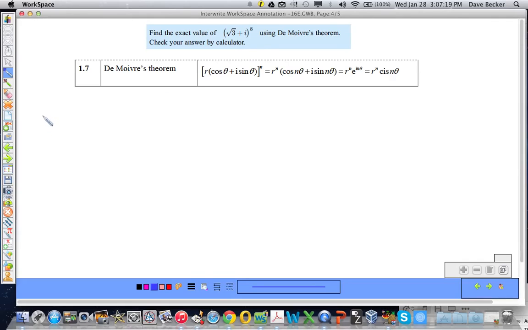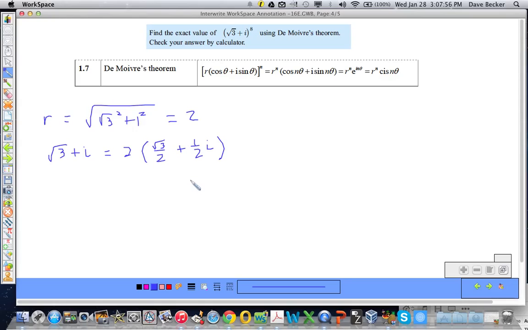So that means I need r, which is equal to the square root of root 3 squared plus 1 squared, which I hope you immediately see is equal to 2. Are we good? Root 3 plus i would be equal to 2 times root 3 over 2 plus 1/2 i. And so that's in the form of cosine i sine or cis.